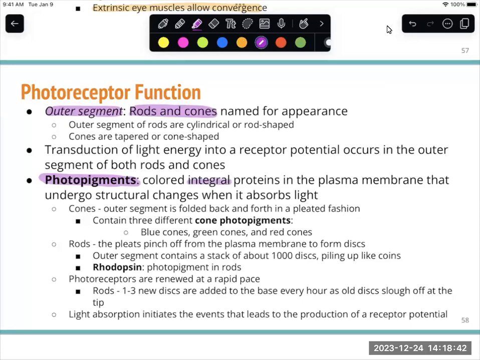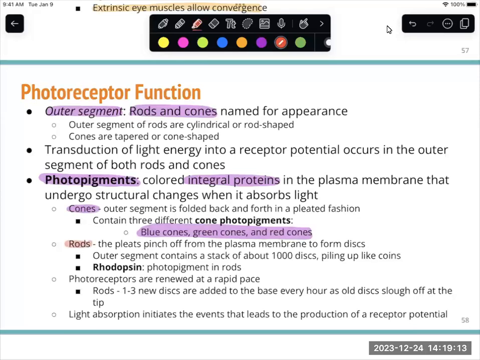They are using these integral proteins in the membrane of these photoreceptors to help pick up these different colors. So those cones, we have blue, green, and red cones. They allow us to pick up those colors, and combinations of them let us see different colors.